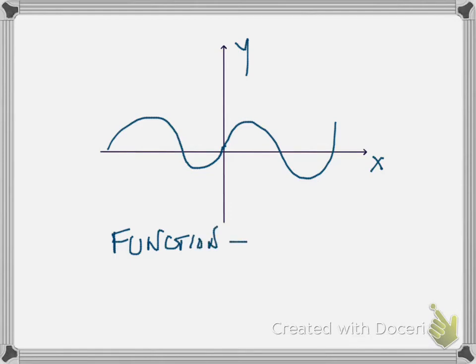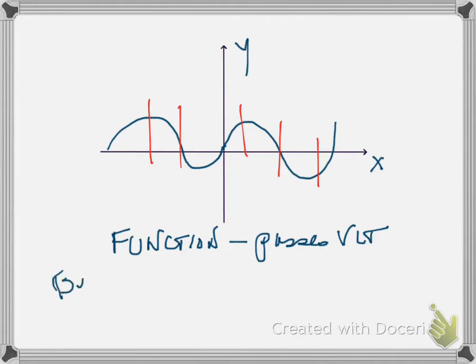How do I know that? Because it passes the vertical line test. I can take any vertical line. It will cross my curve once and only once, but it is not 1 to 1. And I know that because it fails the horizontal line test.